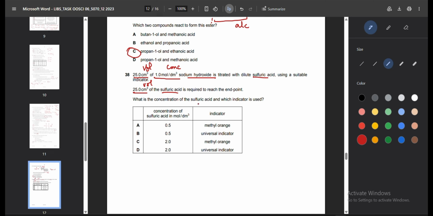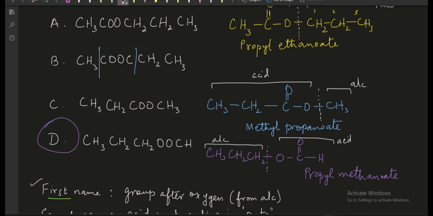You have to find out the concentration of sulfuric acid and which indicator is used. Naturally, we will be using methyl orange, not the universal indicator. In titration, we use methyl orange. Okay, so that means we have to select from option A and option C. So let's solve it first of all.